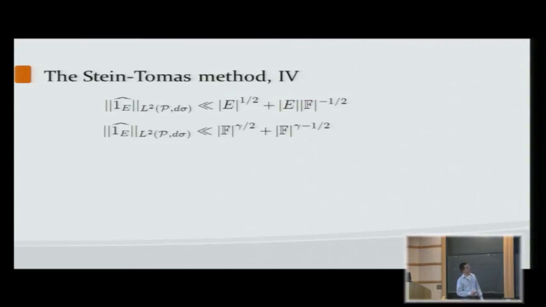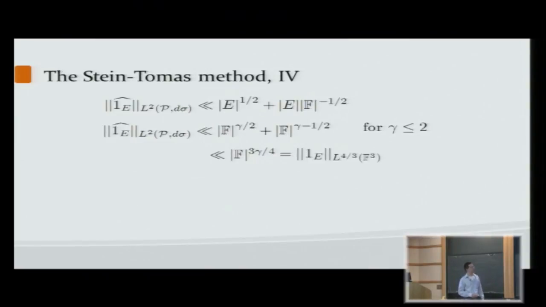This inequality. Now, I claim that if gamma is less than 2, I can upper bound this by this expression right here. And so again, this is just elementary algebra. And so both of these are upper bounded by f to the 3/4.